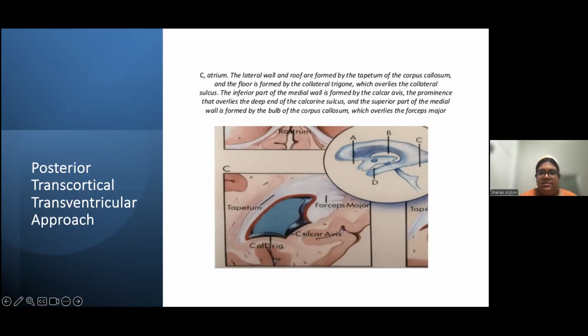The prominence that overlies the deep end of the calcarine sulcus and the superior part of the medial wall is formed by the bulb of the corpus callosum, which overlies the forceps major.